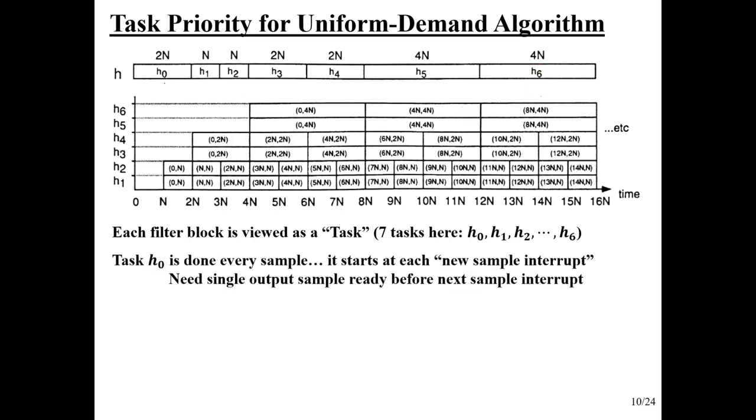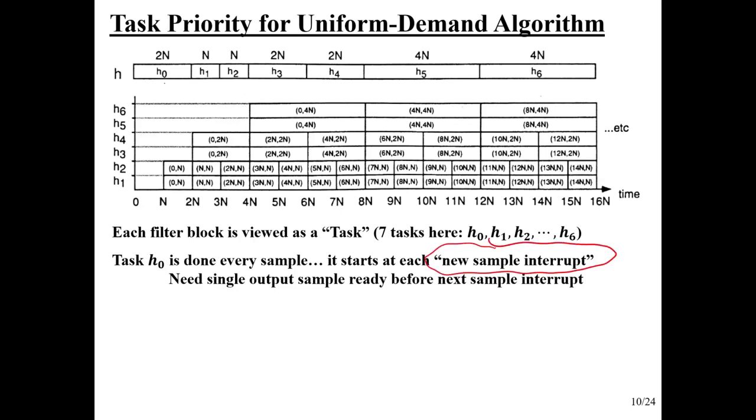And they need to be prioritized because task H0, every time I get a new sample, I have to make sure that I process that together with all the appropriate past samples to compute the new output sample. And I've got 1 sample interval to do that. So these DSP chips, these processors, are interrupt driven.